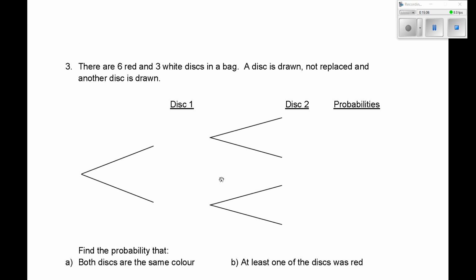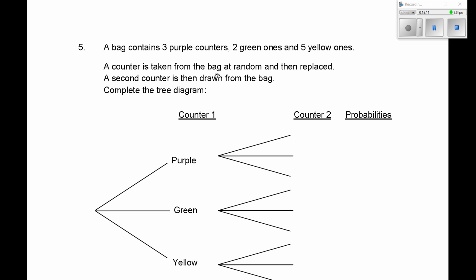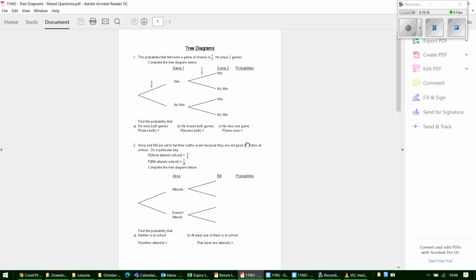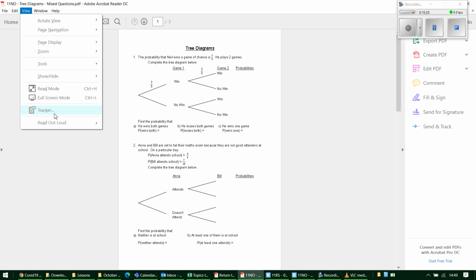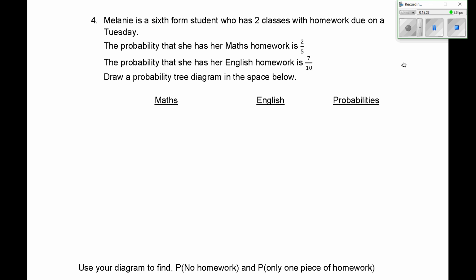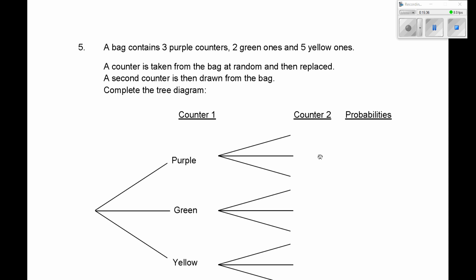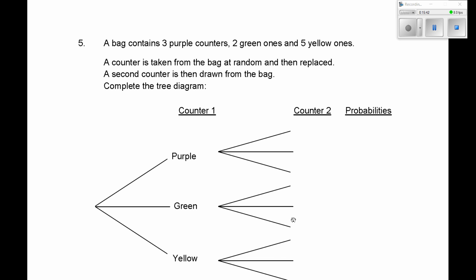Moving to the fourth question. Then going to the fifth. And finally, the last question.